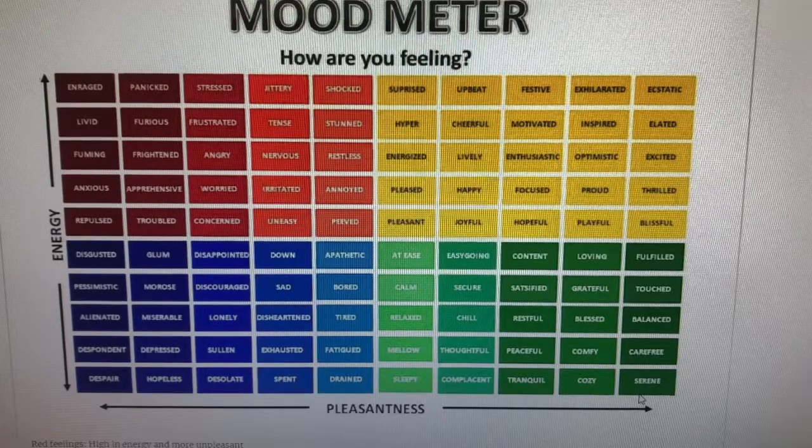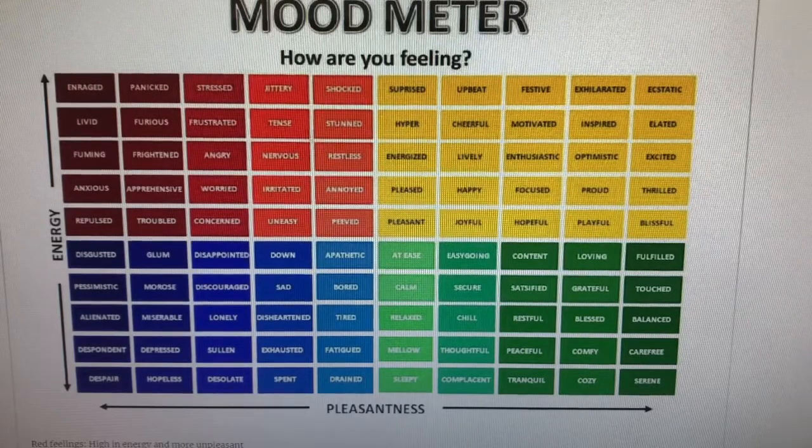The most important thing to know, students and parents and teachers, is that all emotions matter. All emotions matter. I do think it's important, though, that we don't get stuck in one quadrant all the time, right?